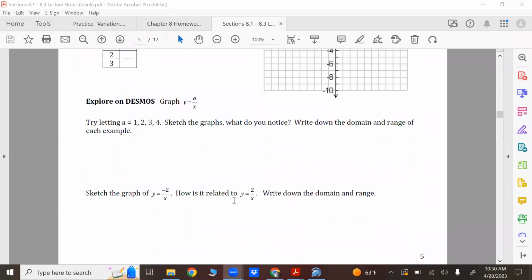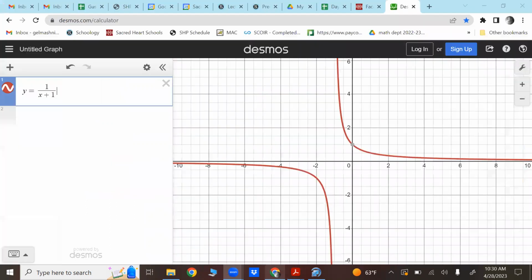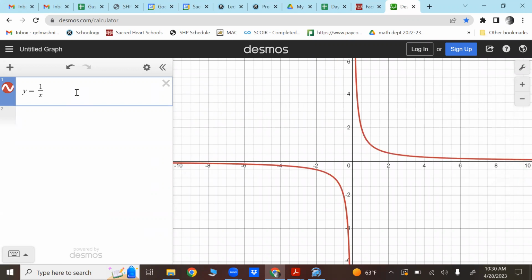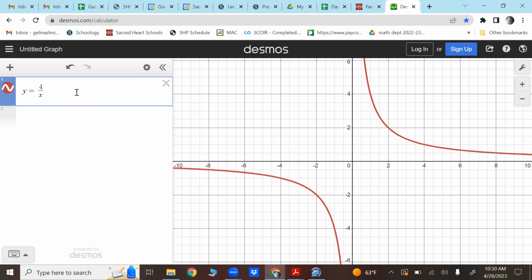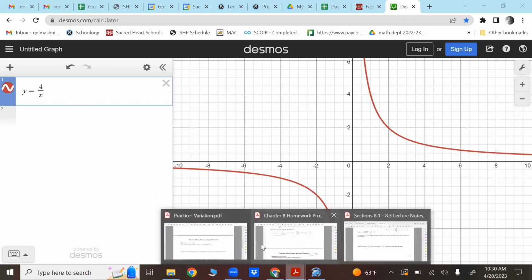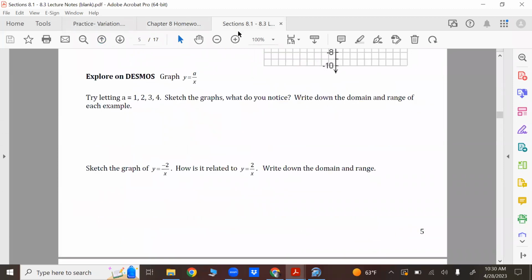So I already did this on Desmos, right? For example, I'll go back again to Desmos. So you have 1 over x, 2 over x, 3 over x, 4 over x. They all stretch when you do that. What do you notice?